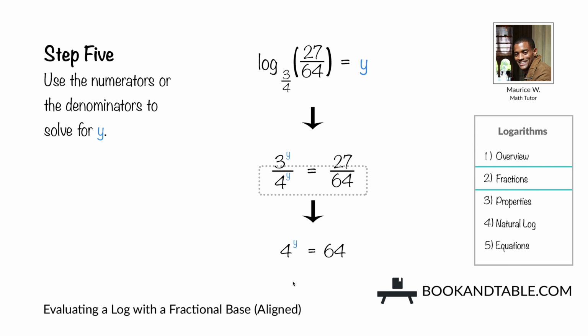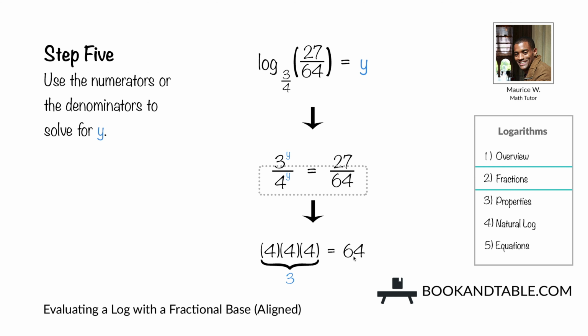We'll get the same value for y if you choose to use the denominators instead. So 4 to a power of y is equal to 64. So we want to multiply 4 times itself until we get 64. 4 times 4 is 16, and 16 times 4 is 64. So we see that we multiply the base 4 times itself 3 times to get 64.